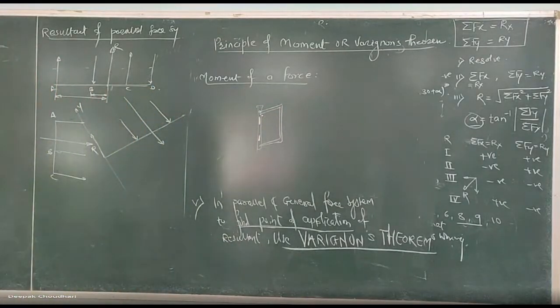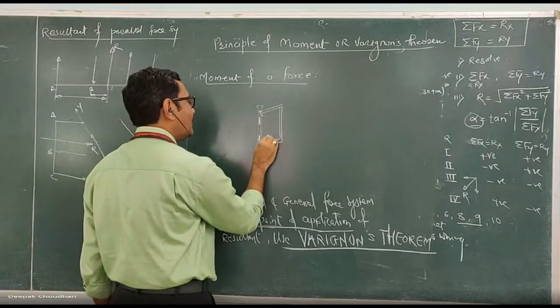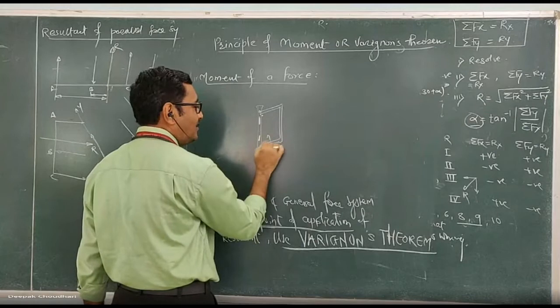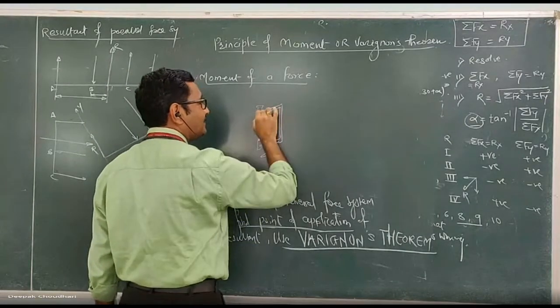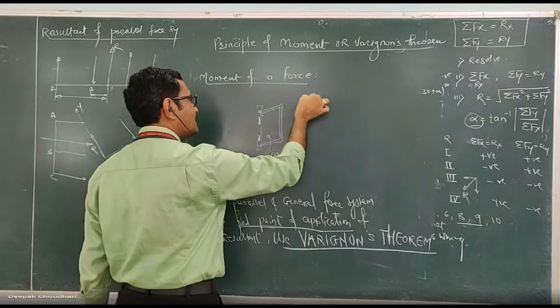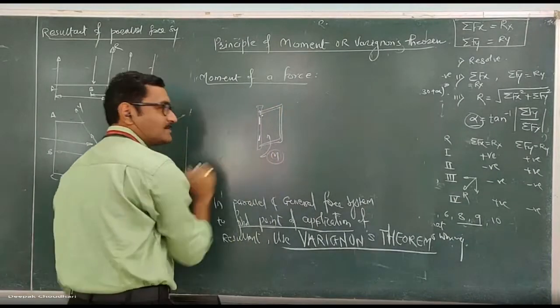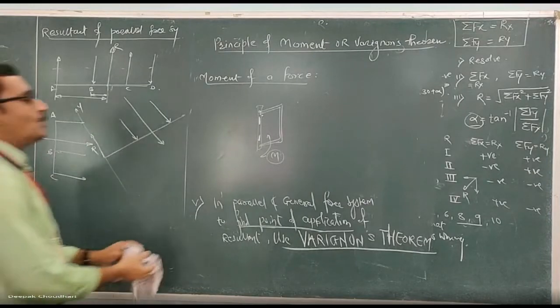Because the distance is smaller, more force is needed, since to open and close the door some fixed amount of moment is required. If you apply the force at a very long distance to produce this much moment, less force is required. As the distance decreases, more force is required to open and close the door and to produce this much moment. Understood? So the turning effect produced by the force is known as the moment of a force.